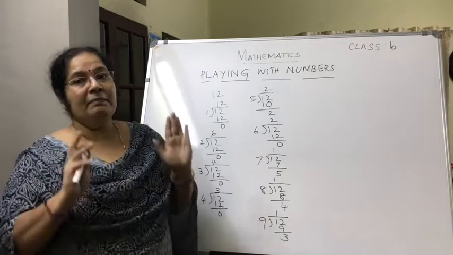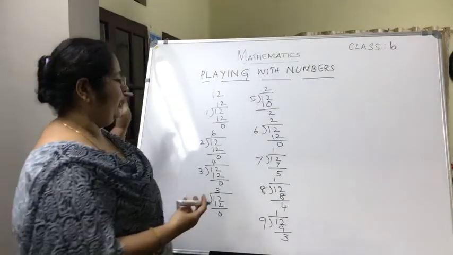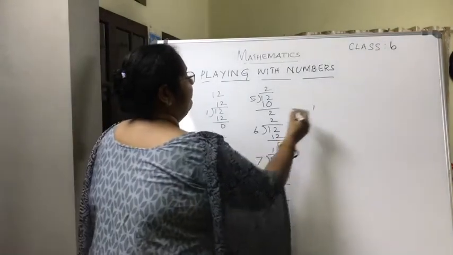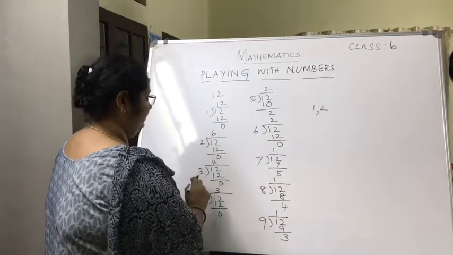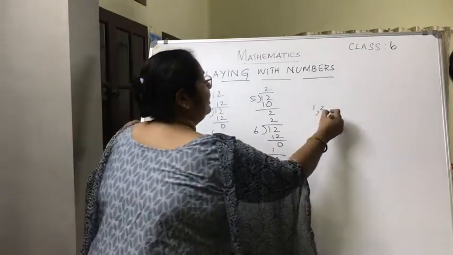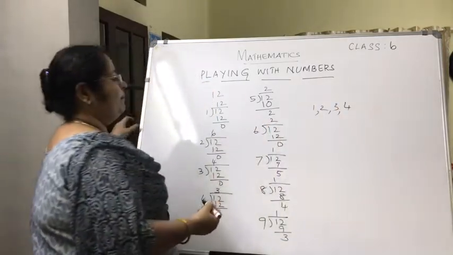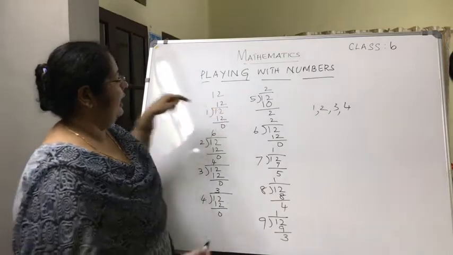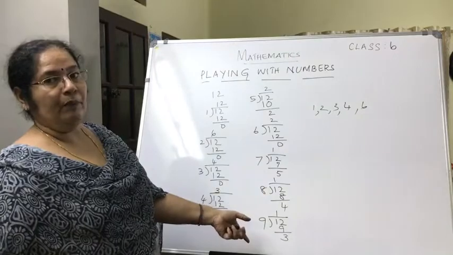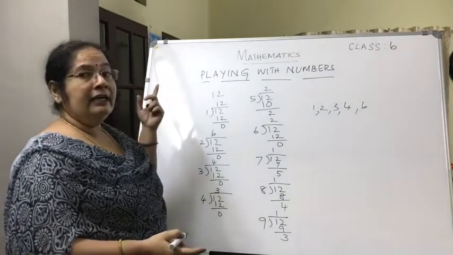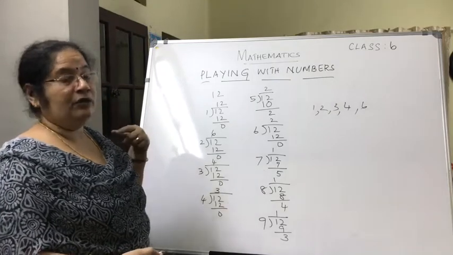The remainder becomes 0. So in which all cases does the remainder become 0? Let us note it down. When you divide with 1, the remainder is 0. With 2, the remainder is 0. With 3, also the remainder is 0. With 4, the remainder is 0. Then with 6, the remainder is 0. Any other cases? Now when you divide 12 with 12, what do you get?